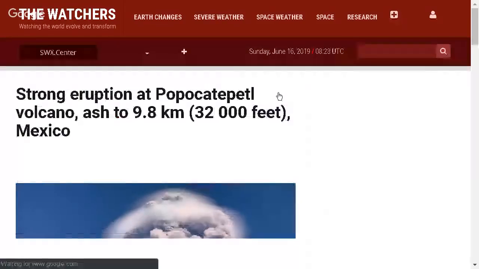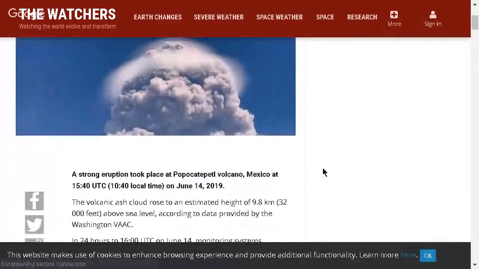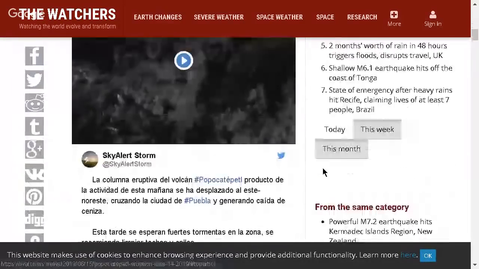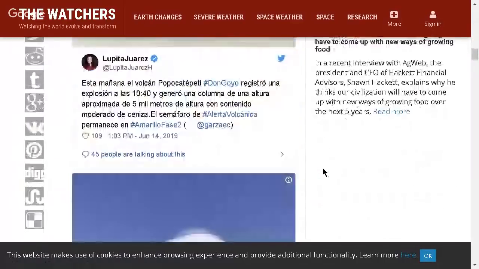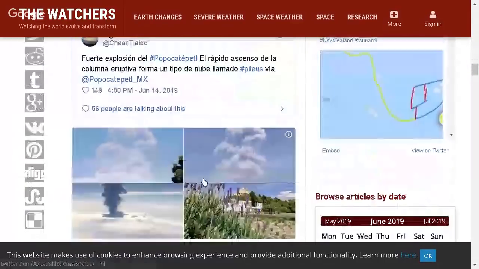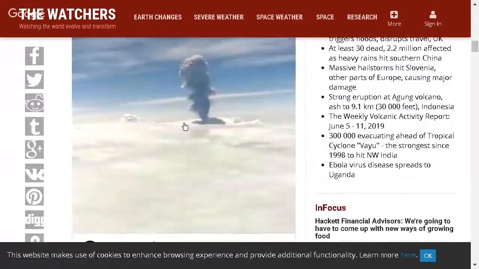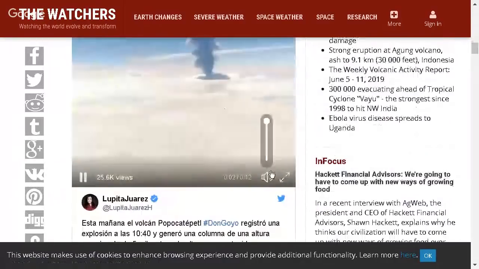Popocatépetl has erupted once again with a 32,000-foot ash plume. There's a great photo of it, causing cloud nucleation with its gas and ash, because it's not just the ash, folks, it's also the sulfur. Check out this. Goodness gracious, look at this thing. Man, that is a good one.